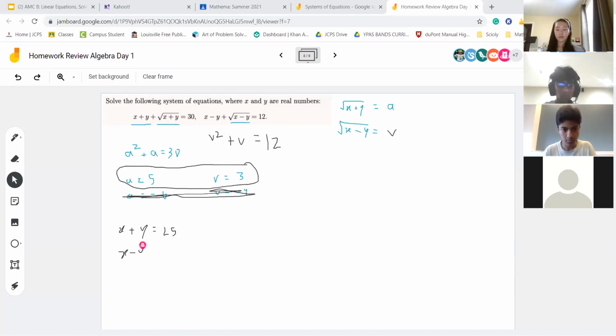You can also add these. Just add them. That shows that 2x is equal to 34, or x is equal to 17. And then 25 minus 17 gets us to 8.